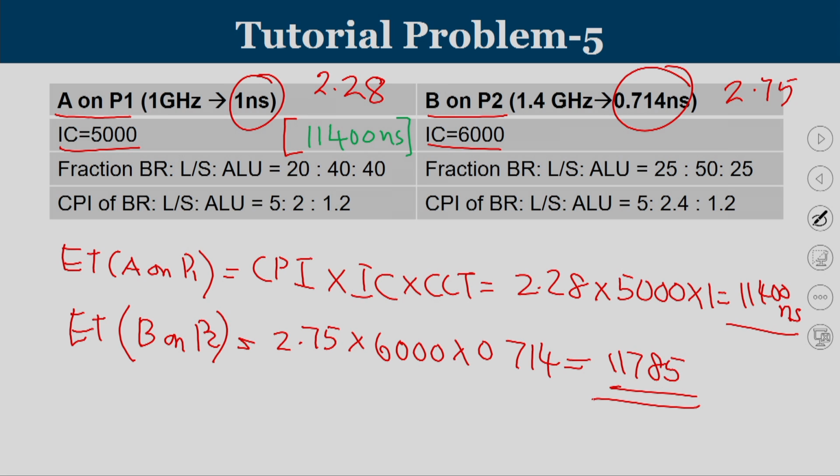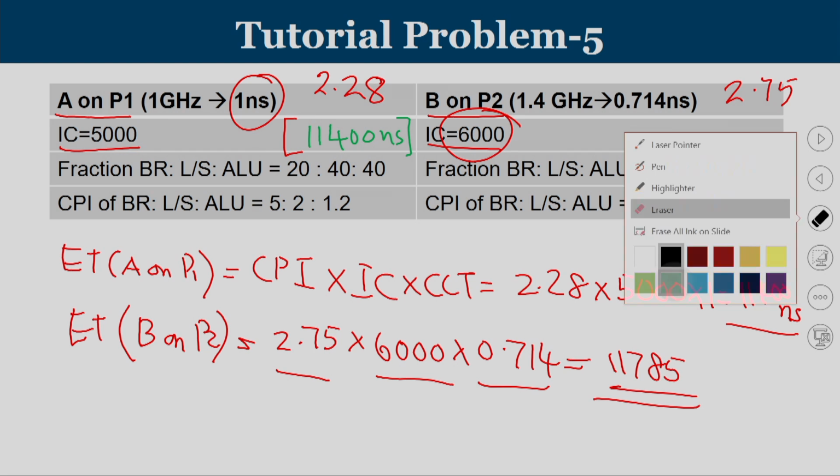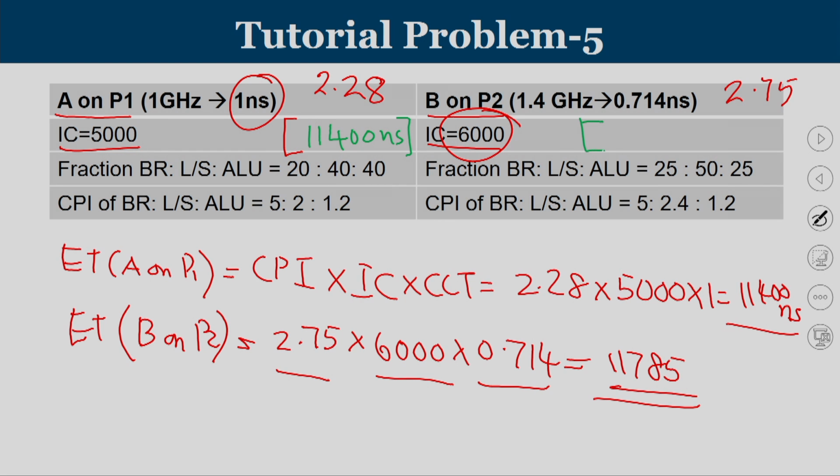So, 2.75 is the CPI, 6000 is the IC value, and the clock cycle is 0.714, because P2 is operating on a different clock. So, now we will write what is the execution time for program B on P2. It is 11,785 nanoseconds.